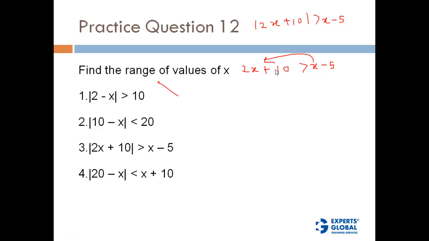So let's get x from here to here, or 10 from here to here. So we get x greater than minus 15. This is one range we get.